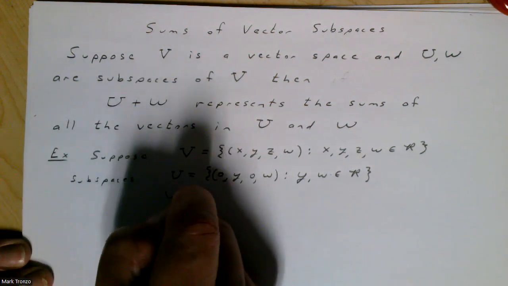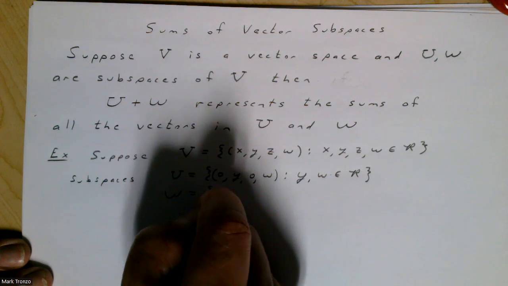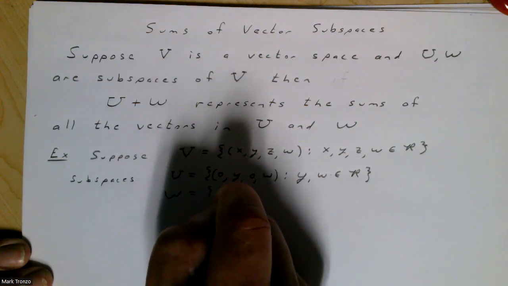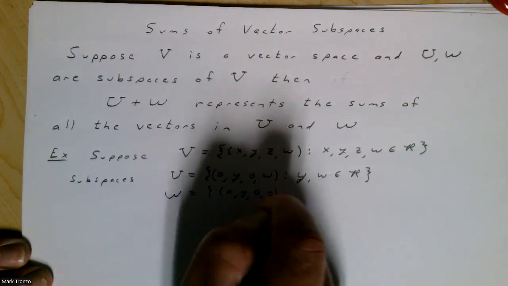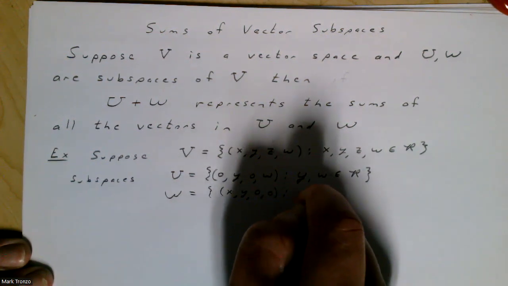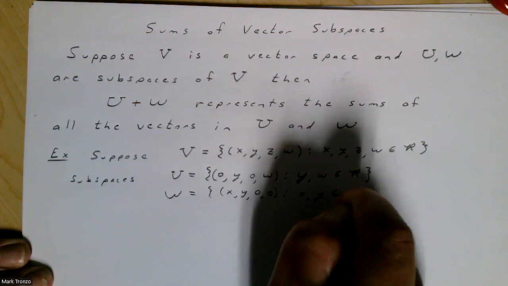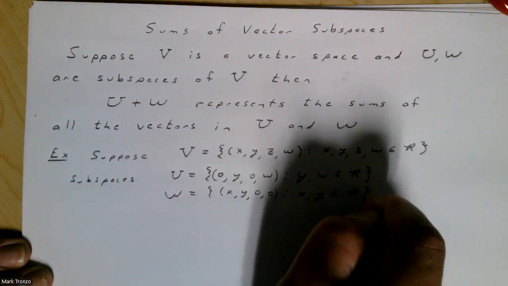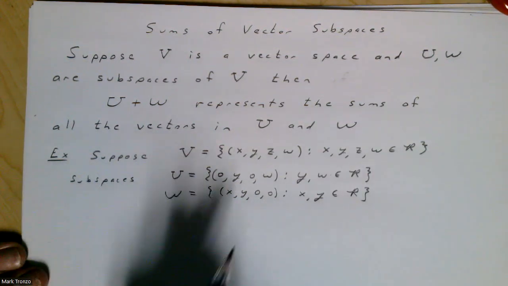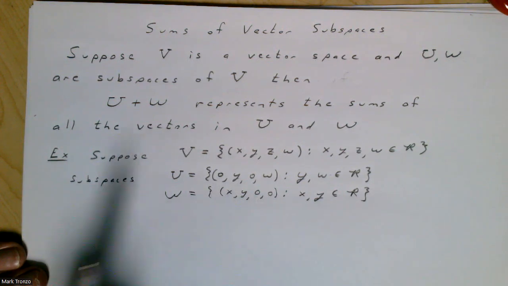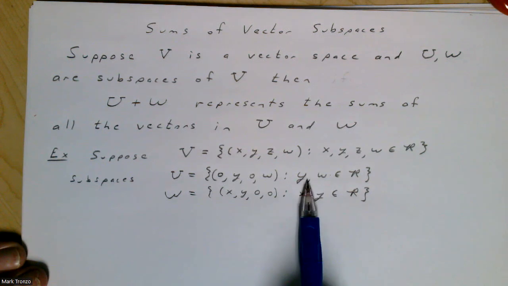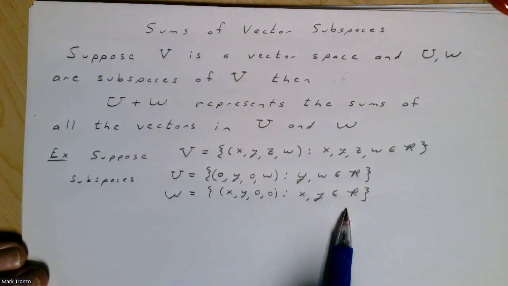And you have, say, this subspace, where there'd be something in the X position, the Y position, and these two be 0. Again, the components are all from the real numbers.